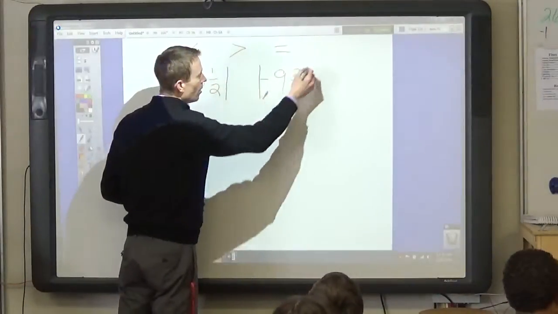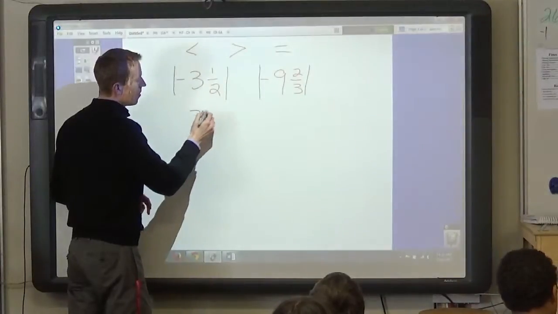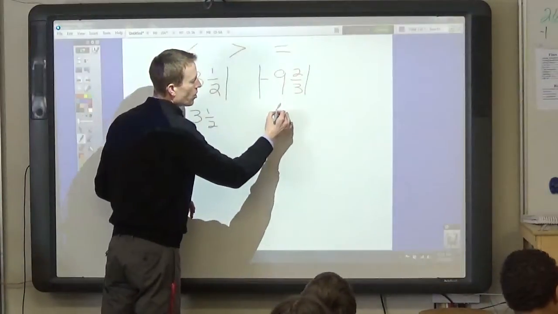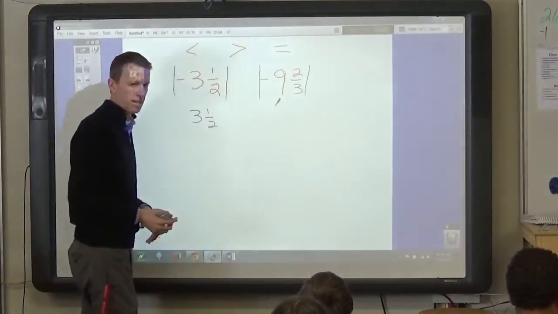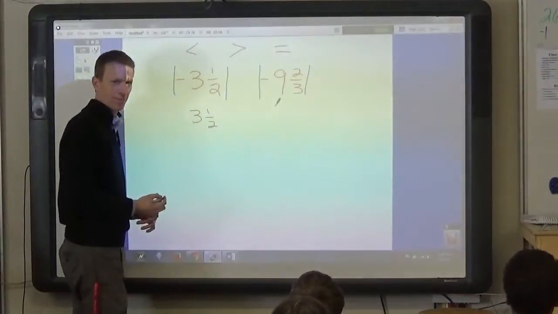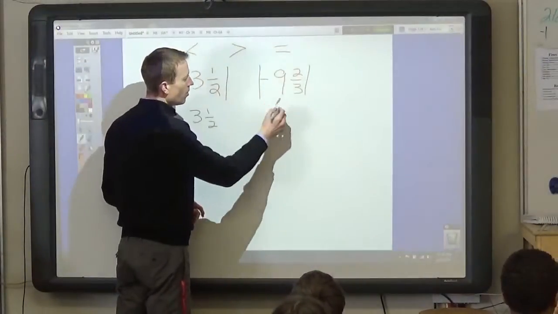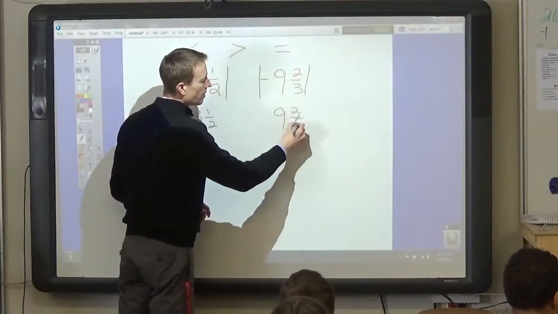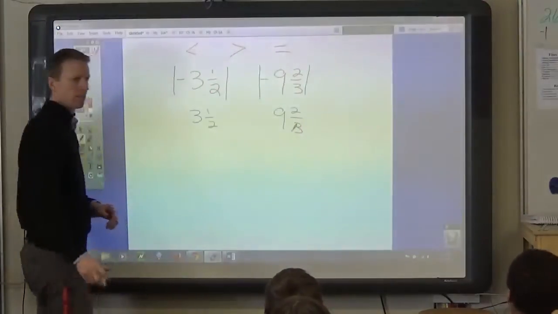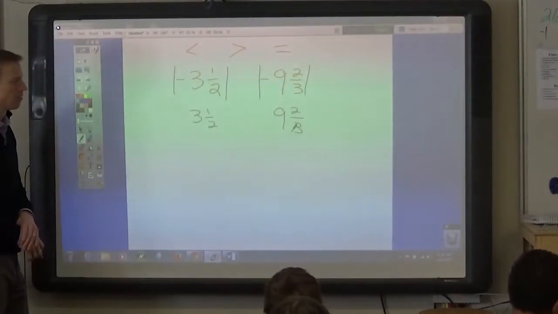The absolute value is less, but which number, which value is less? If it said the absolute value, you would be right, but this is actually comparing these numbers.